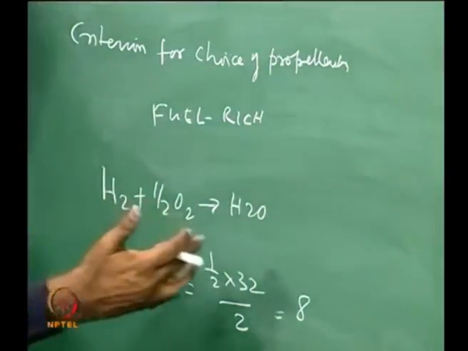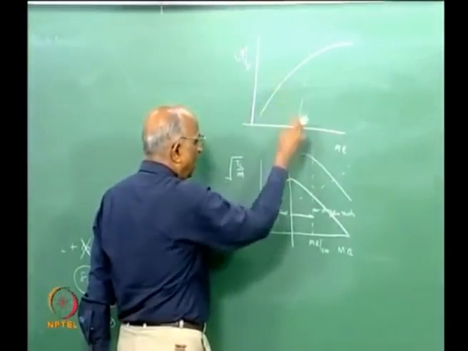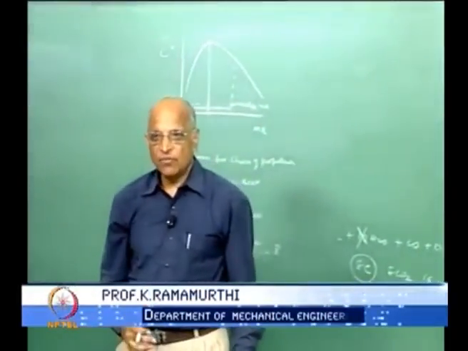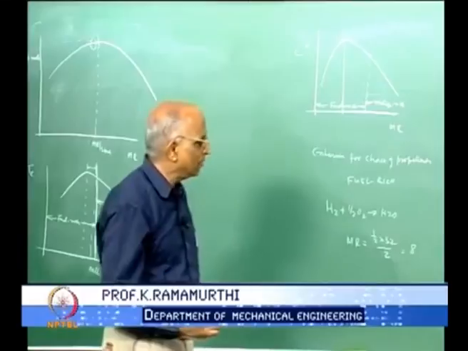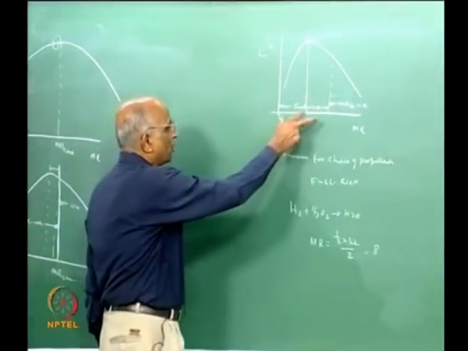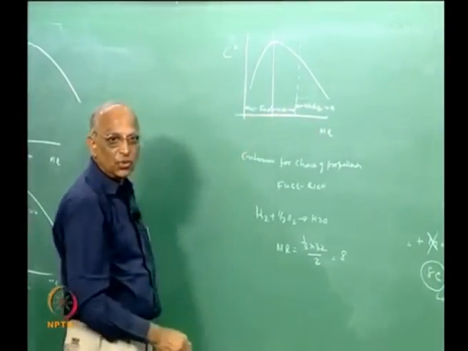The reason being, yes, I get the advantages of the lower molecular mass of the products, and also to some extent the saving from the specific heat. Therefore, what we have told ourselves in this class is that for the choice of propellants it is better to have fuel rich propellants, that means mixture ratio less than the stoichiometric mixture ratio.